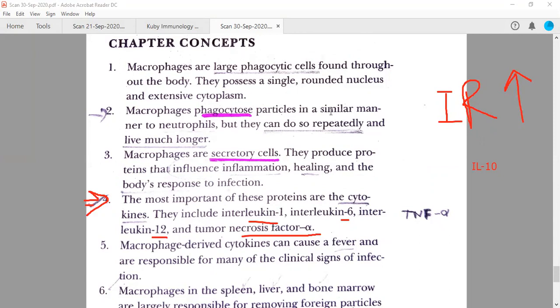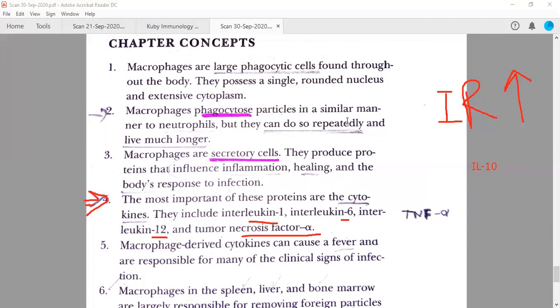Macrophages phagocytose particles in a similar manner to neutrophils, but they do so repeatedly and live much longer. Neutrophils can phagocytose only once and then they die. The fragments of dead neutrophils will activate the macrophages. Macrophages are different because they are large.